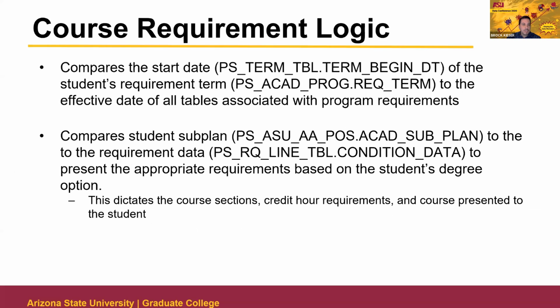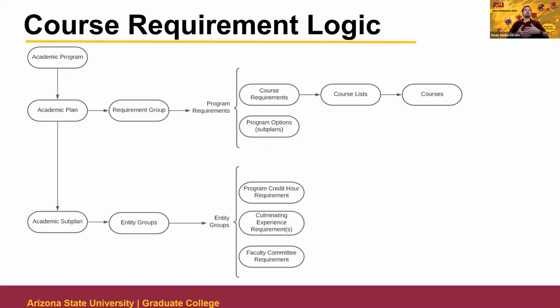I think you created these slides, Sean, so you may want to go over these. Yeah, so the way that the iPOS pulls in the requirements, the requirements that Brock was just talking about, these are the delivered requirements tables in PeopleSoft. So requirement group and then the requirements that are attached to them.